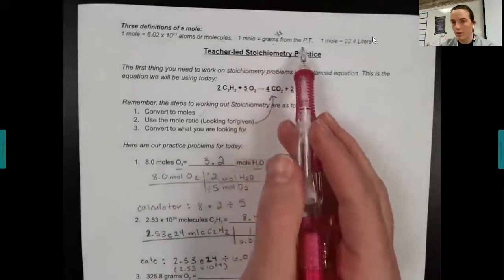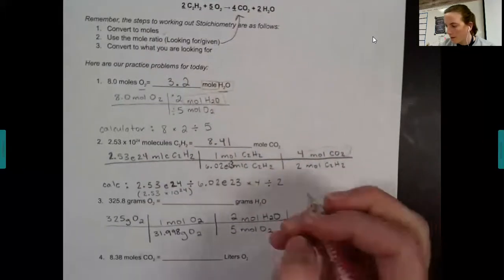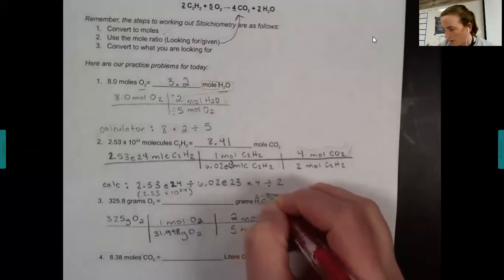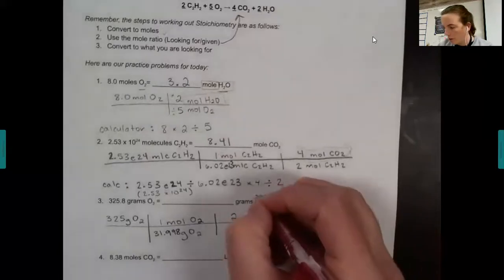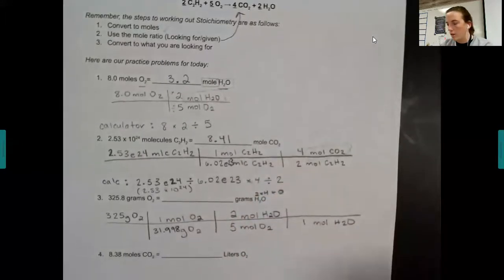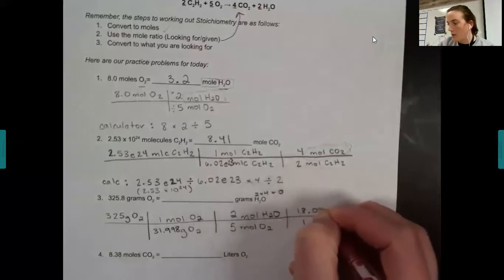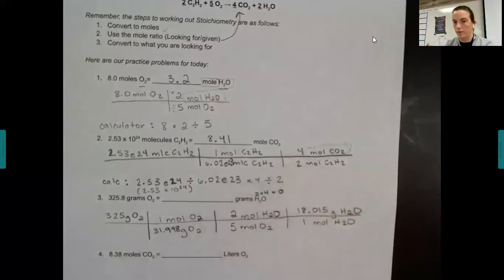If we're looking for grams, again, it's from the periodic table. Okay, so we're going to have to do 2 times hydrogen's mass plus oxygen. All right, that's kind of hard to read. 2 times hydrogen plus oxygen. All right, hydrogen is 1.008 times 2 plus 15.999, and you should be getting 18.015 grams of water.